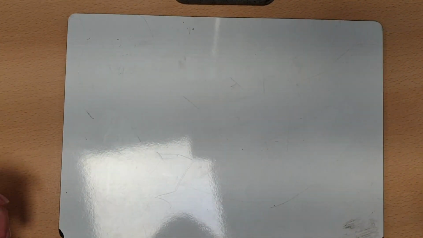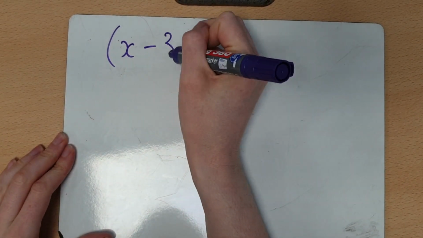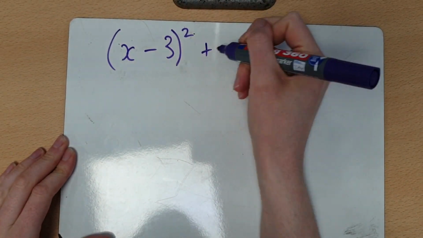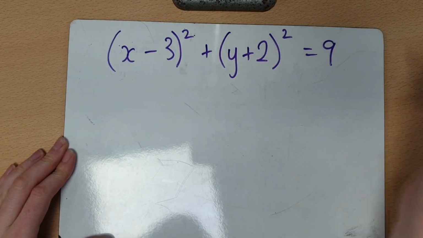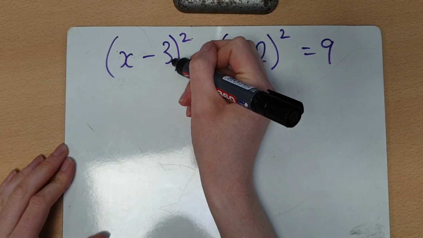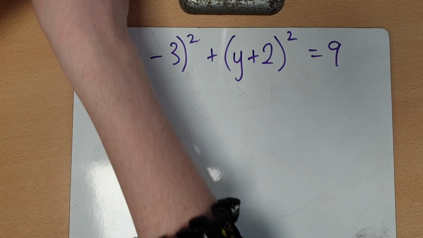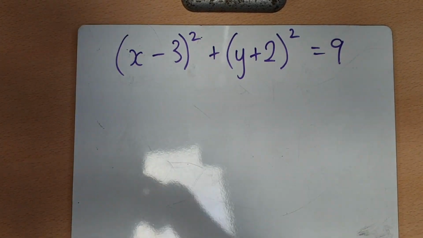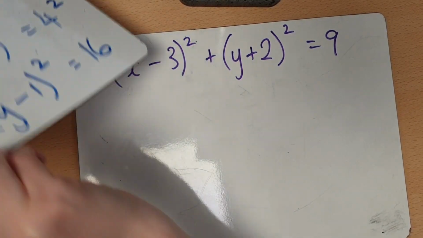The second example is slightly different. It is in the format that we are already familiar with from the beginning. So it's (x − 3)² + (y + 2)² = 9. So we can see there's a minus 3 here, so that's already in the correct format.